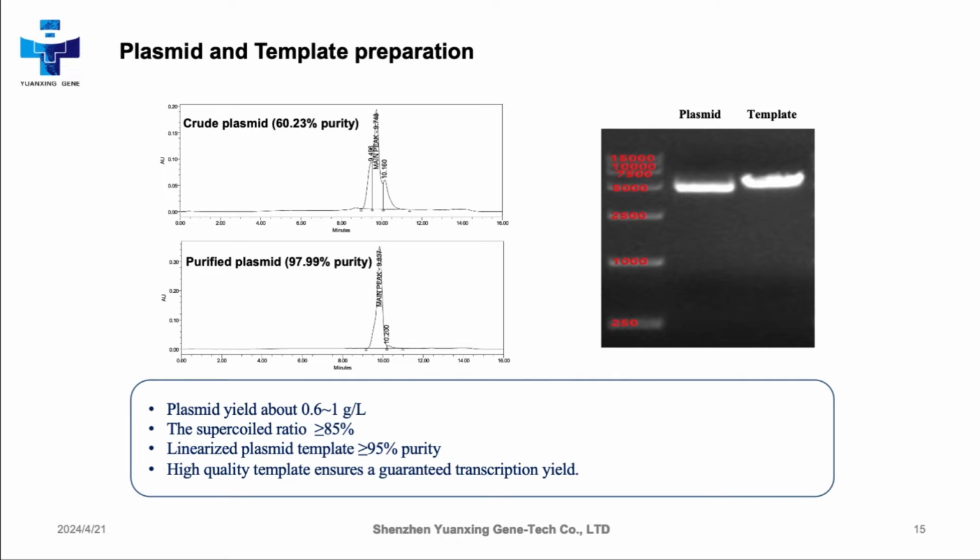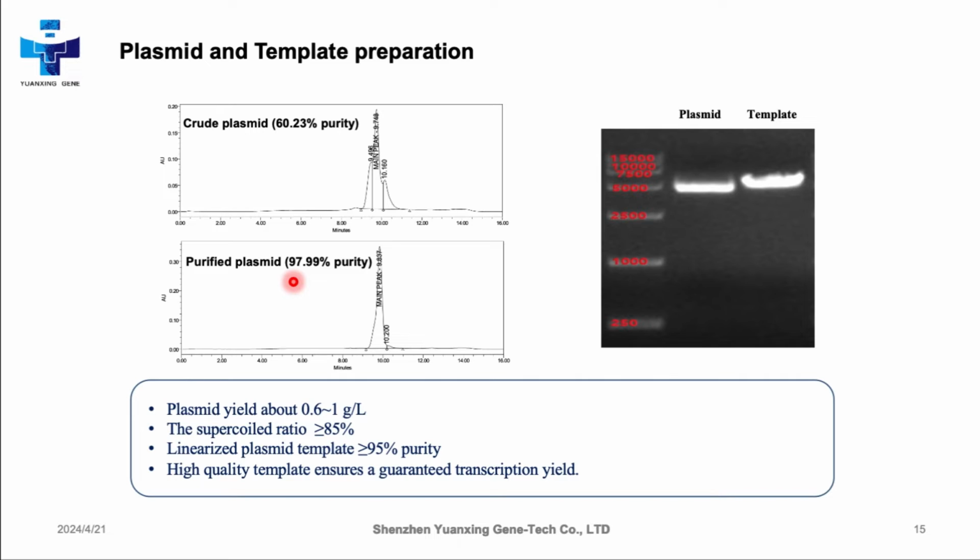The plasmid yield is about 0.6 to 1 gram per liter, and the supercoil ratio is guaranteed to be higher than 85%. In this case, before the purification, the crude plasmid purity is about 60%, and after the purification, the plasmid purity reached about 98%.